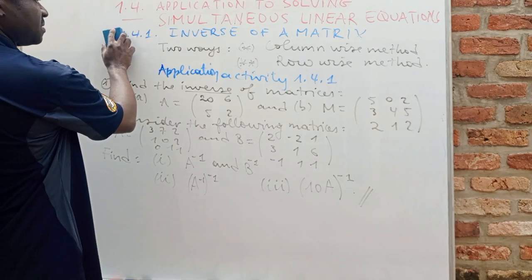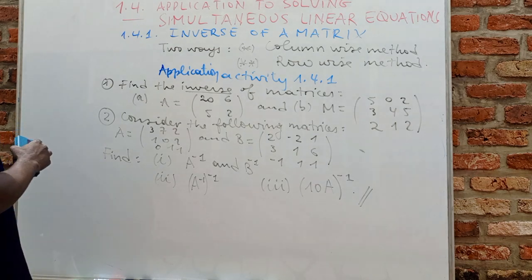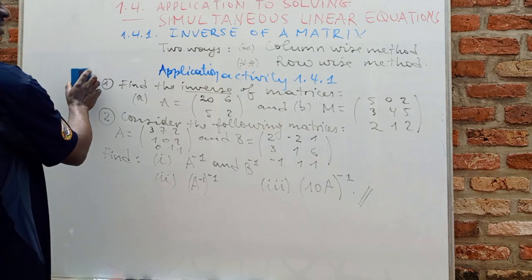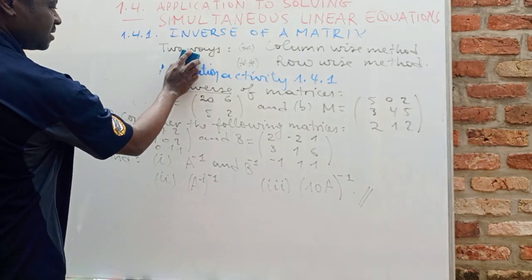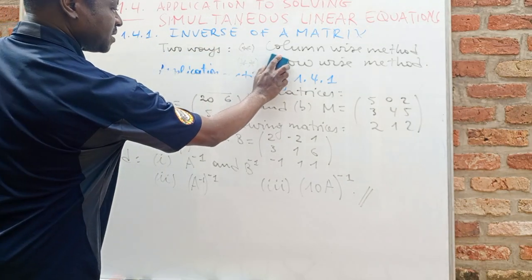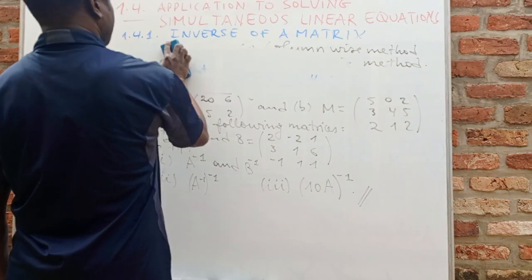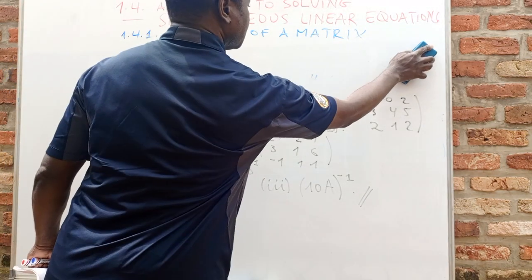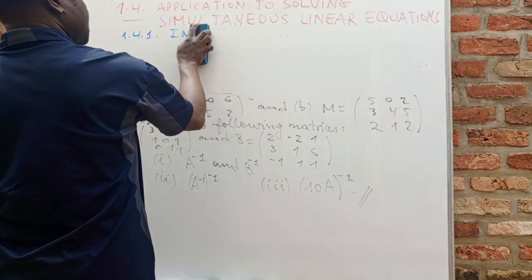How can we work this out? Let us use this space for matrix A here. We are going to find its inverse, and let us use the space here.